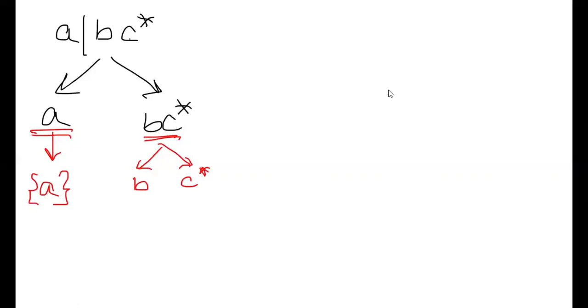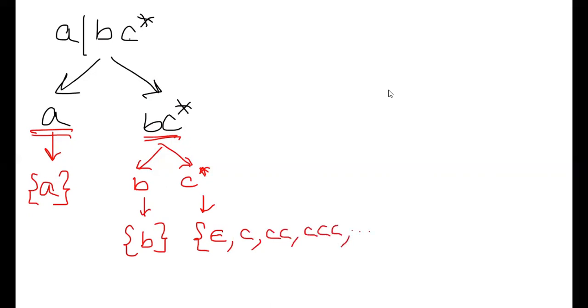Now if we try to construct the sets, for B, it will be B itself, and for C star, that means 0 or more times repetition of C. If it is 0 times repetition of C, we get epsilon. 1 time repetition of C, we get C. 2 times, CC. Then continue in this manner. So finally, we have all these sets. I have A, I have the set B here, and I have this set.